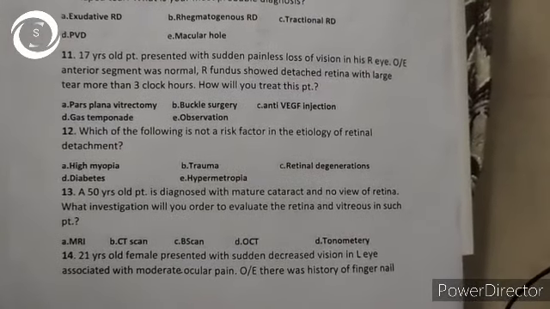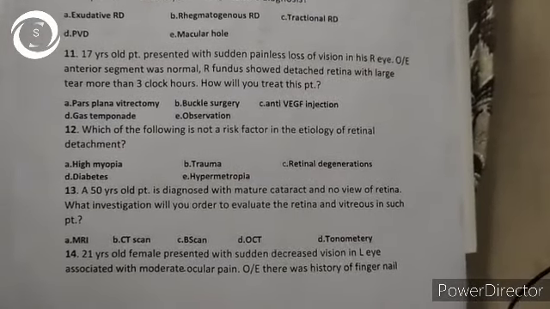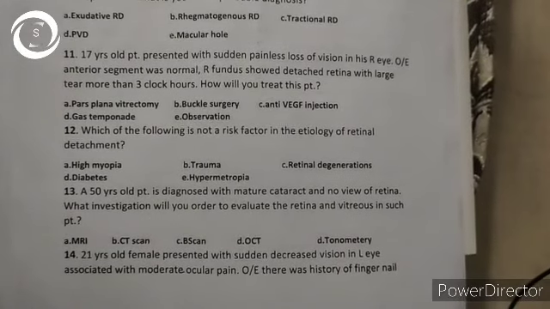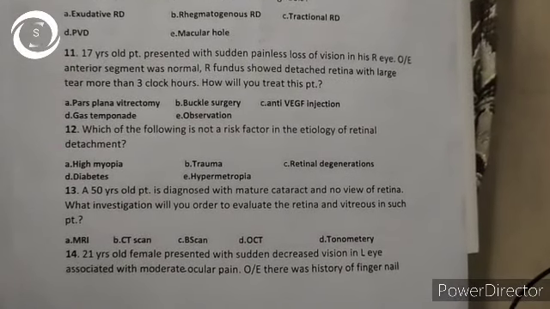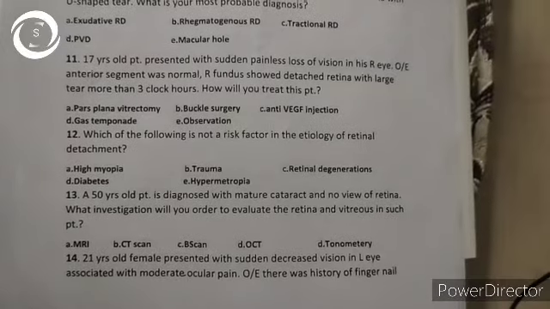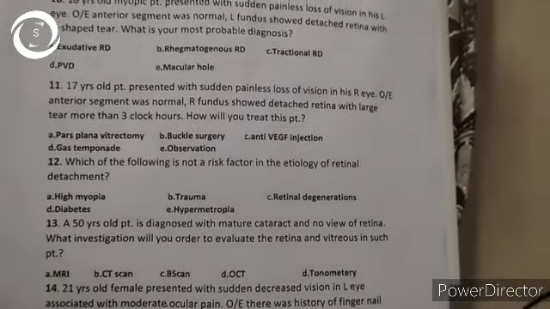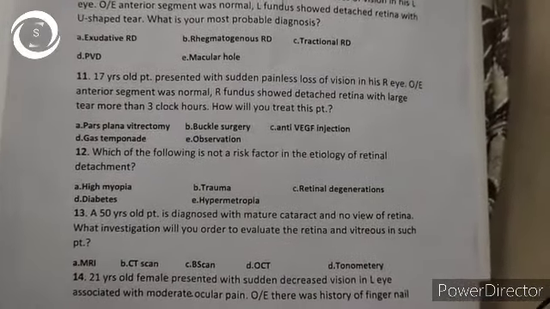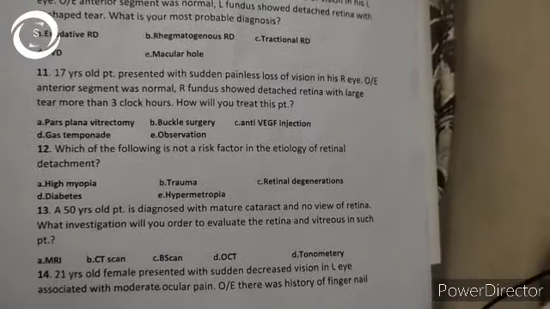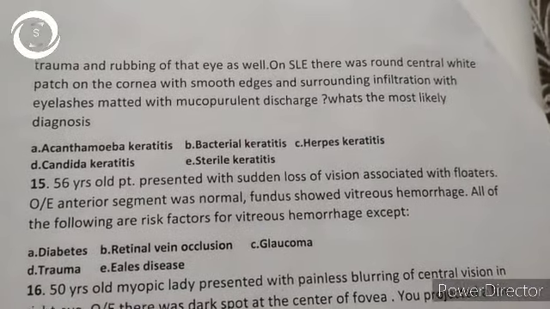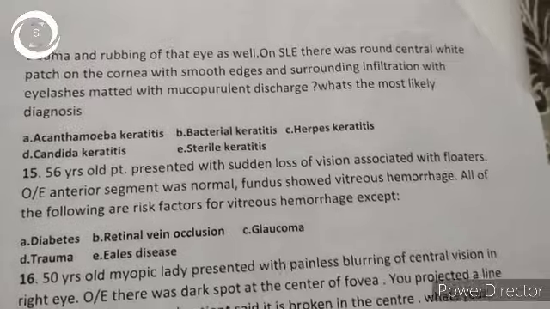Now the 14th question is a 21 years old female presented with sudden decrease of vision in the left eye associated with moderate ocular pain. Now pain is not that much. On history, there was a fingernail trauma and rubbing of that eye as well.